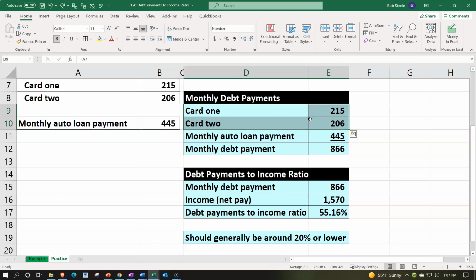You could run some different scenarios in terms of what your minimum payments might be with regards to the credit cards, which again, of course, can impact the debt payment ratio calculation down here. So like I say, if you're doing this for a bank or something like that wants a similar type of calculation, you would need to clarify these.